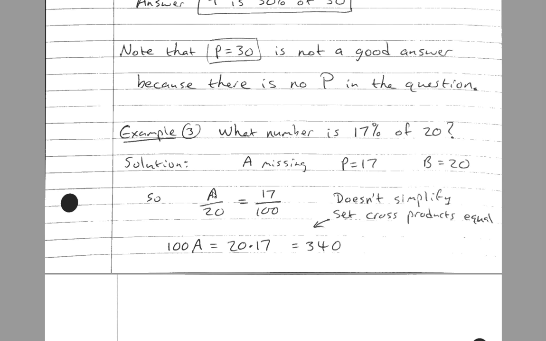Our formula, a over b is equal to p over 100. So that's a over 20 is equal to 17 over 100. 17 over 100 doesn't simplify. Set the cross products equal.